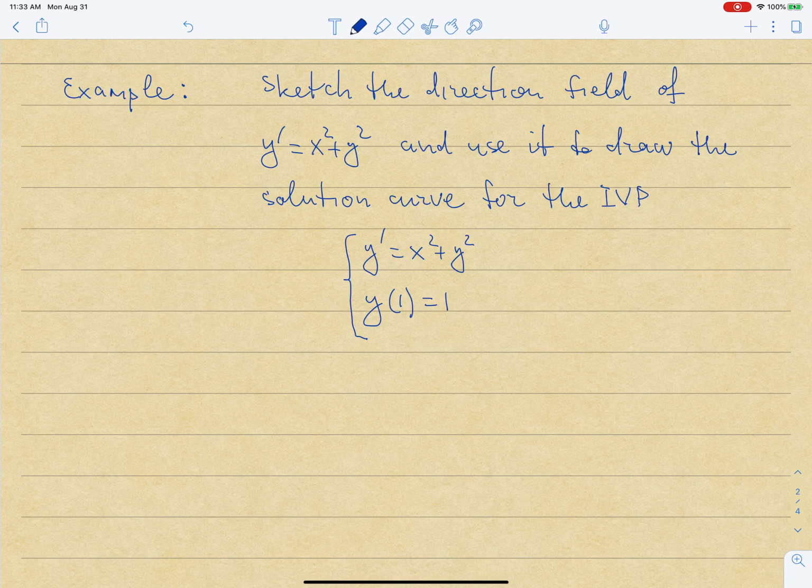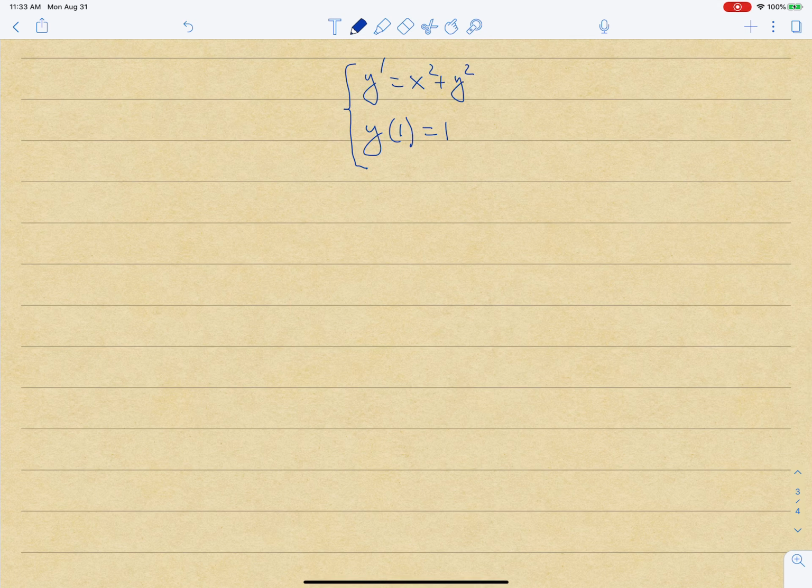So again, following exactly the same strategy, I want to find all points where y prime is equal to a constant.